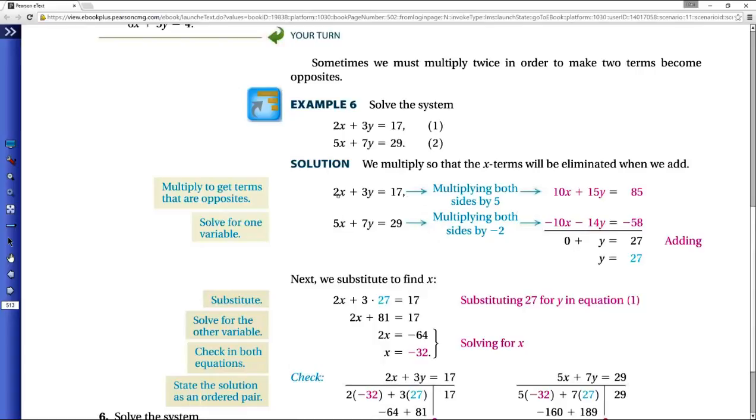If I took 5 times 2x, I get 10x, and if I took -2 times 5x, I get -10x. That's handy, right? I could do the same thing here to make these work too. I could use 7 times both sides, and I'd get 21y, and if I took -3, I'd get -21y, and you'd end up in a similar situation.